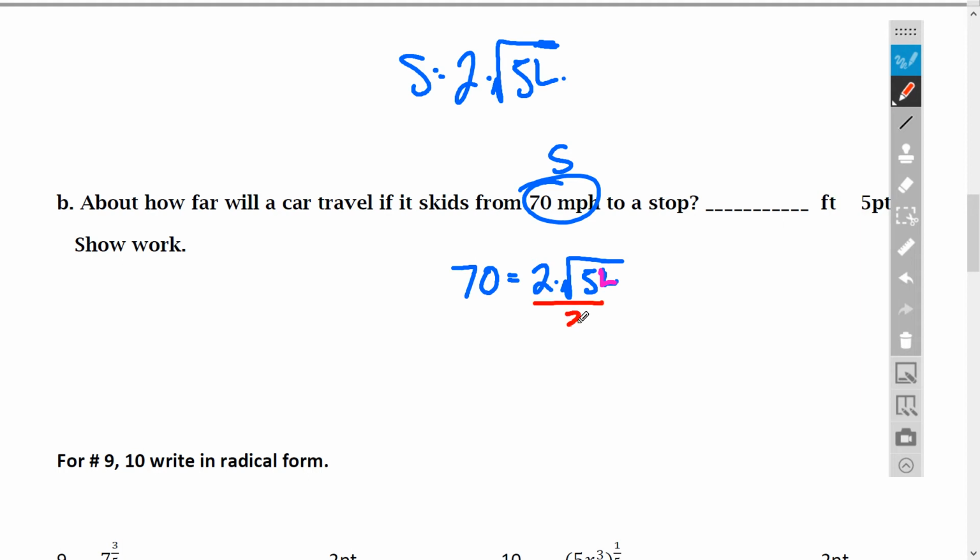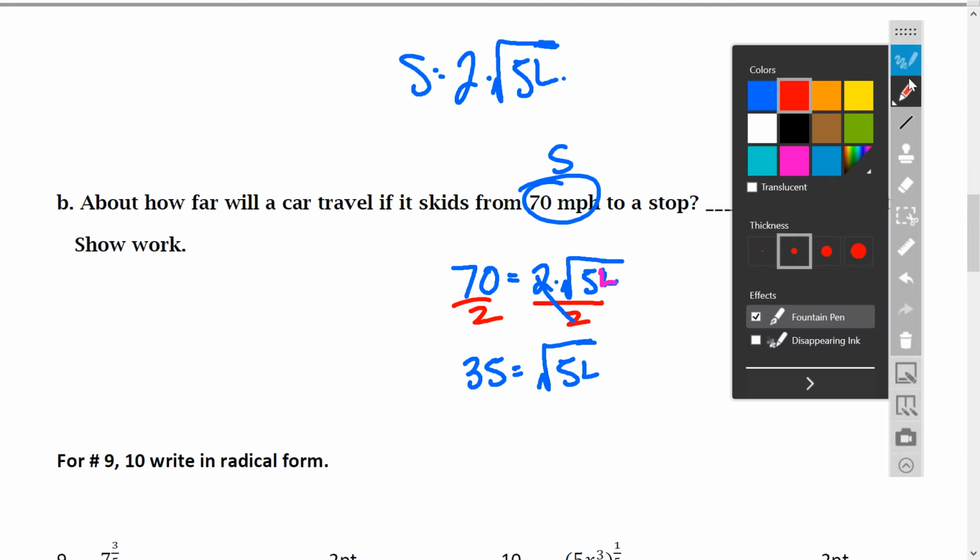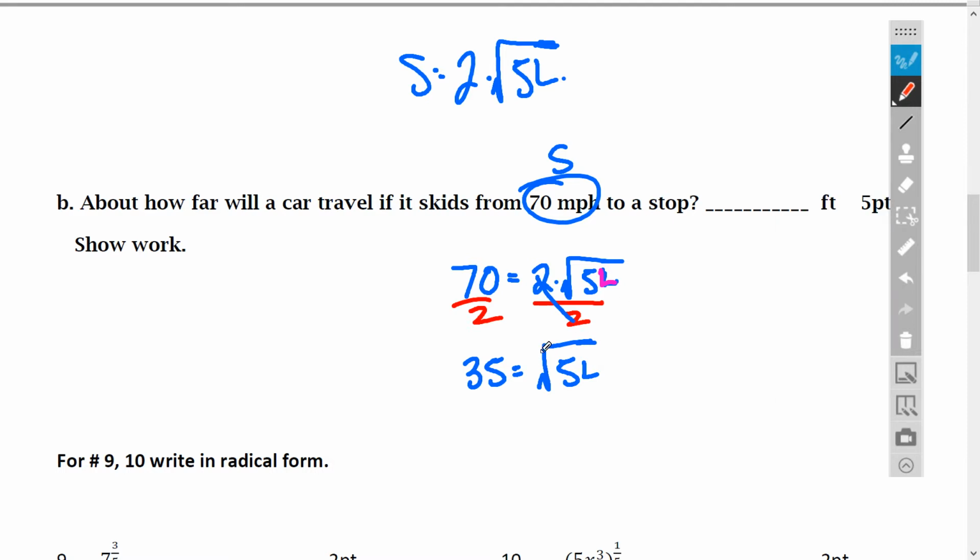So we'll divide by 2. So 35 equals the square root of 5L. And then you solve this like you would a radical equation. The index is 2, so to get rid of the radical, we raise both sides to the power of 2.